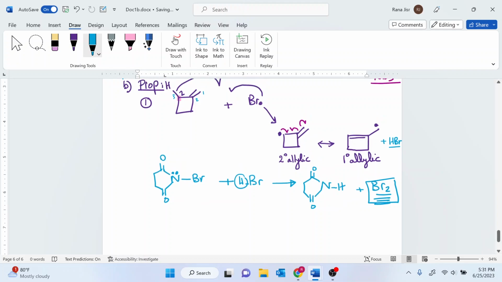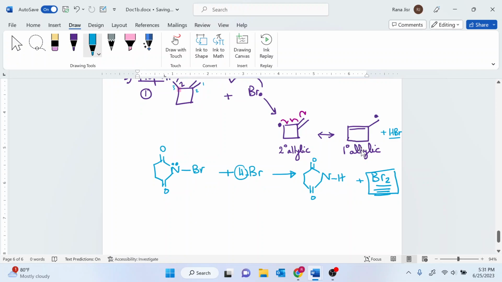So now in the second propagation step, I'm going to consider each free radical alone, and I'm going to react it with the bromine. And this bromine is formed whenever the unreacted NBS, so this one is the unreacted NBS from the first step of the initiation, reacts with the HBr that is formed from the first step of the propagation. They make a bromine.